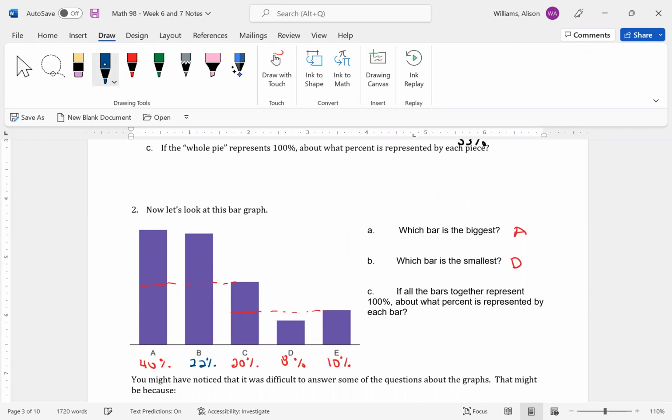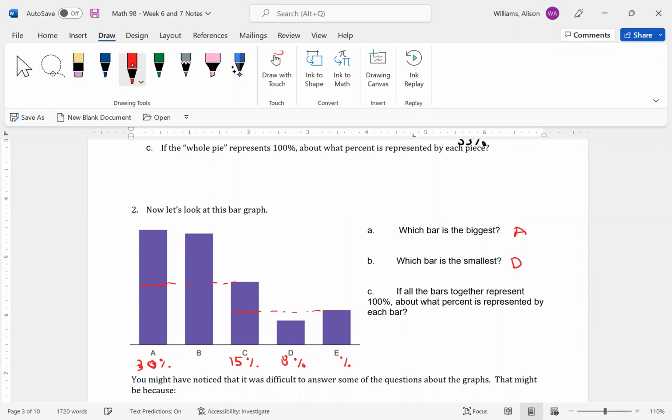Okay, so now I'm going to kind of adjust A then. So based on that information, I kind of feel like maybe A should be closer to like 30%. Let's see. If A was 30%, so I'm going to erase that. That would mean C would be half of A, so that's 15%. E is about half of 15%.